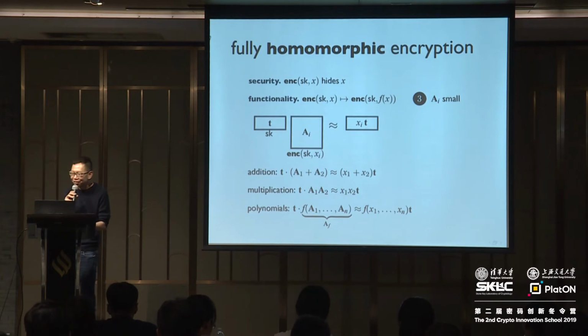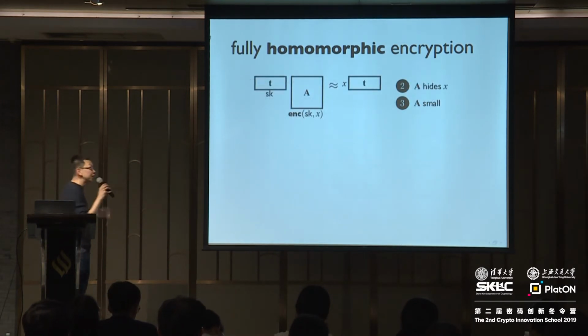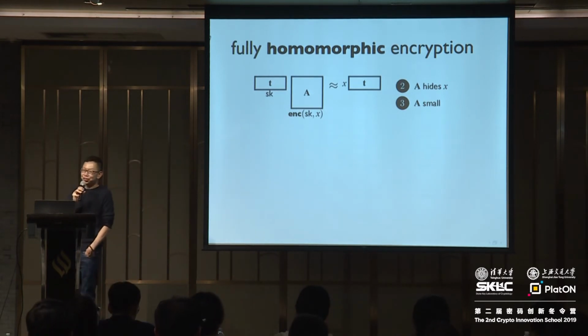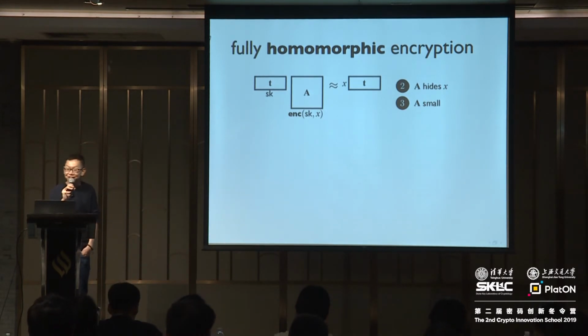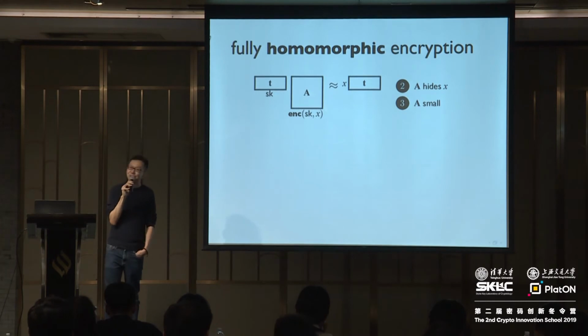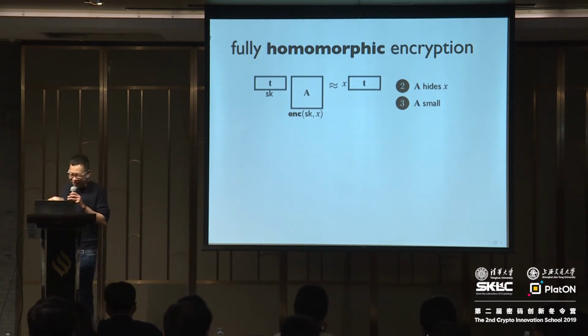So now I just need to tell you how you can instantiate an encryption scheme under the LWE assumption with the following properties: an encryption of X is a matrix A such that T times A is close to X times T, and then A should hide X and A should be small. Here I'm going to go into a little bit more detail.